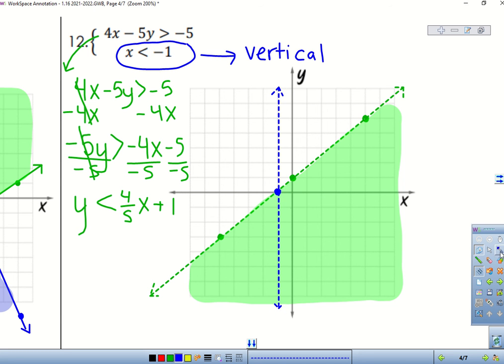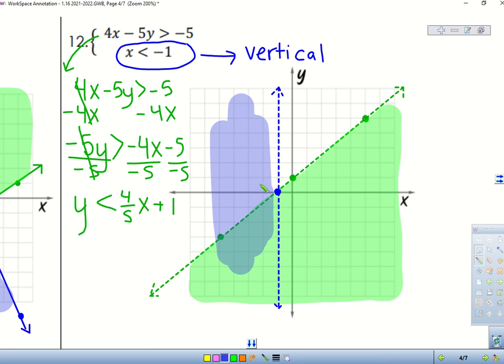And then we have to think of which way to shade it. So if I'm talking about x values that are less than -1, are those going to be on the left or on the right? Left. Good.